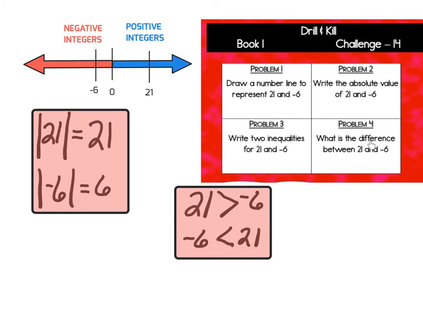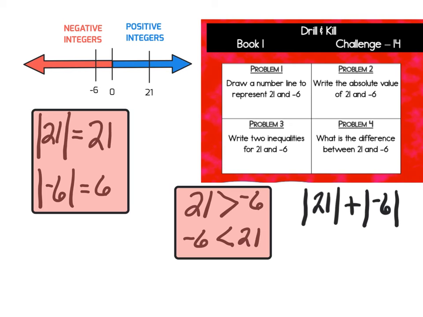And now we're moving on to problem 4. What is the difference from 21 to -6, or the difference between 21 and -6? It's the same thing. You're going from 21 all the way to 0, and then a little more all the way to -6, right? So what you do here is write the absolute value of this plus the absolute value of this right here. You would write the absolute value of 21 plus the absolute value of -6.